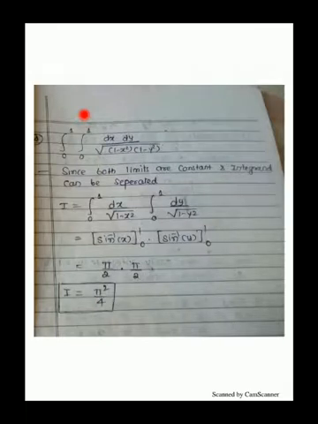So in this example, you can easily separate the function and you can easily separate the integrals. Integration 0 to 1 dx upon under root of 1 minus x square, into integration 0 to 1 dy upon under root of 1 minus y square. So what is the integration of dx upon square root 1 minus x square?